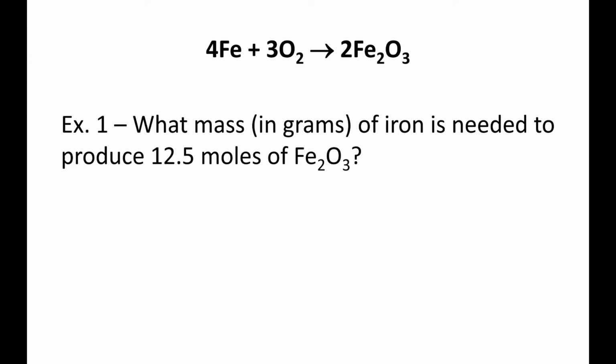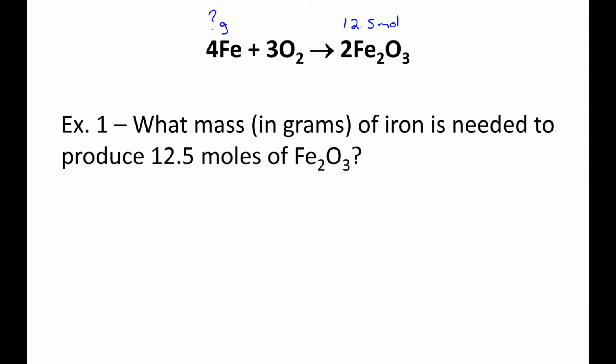Okay, so let's look at the first example. What mass in grams of iron is needed to produce 12.5 moles of the iron 3 oxide? Okay, just like before, I'm going to go ahead and put what I have. So what I want is 12.5 moles. That's technically the given, even though that's the product. We're trying to find the mass of iron.